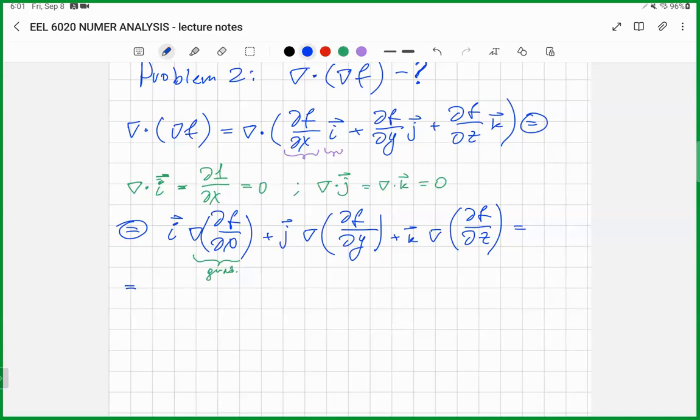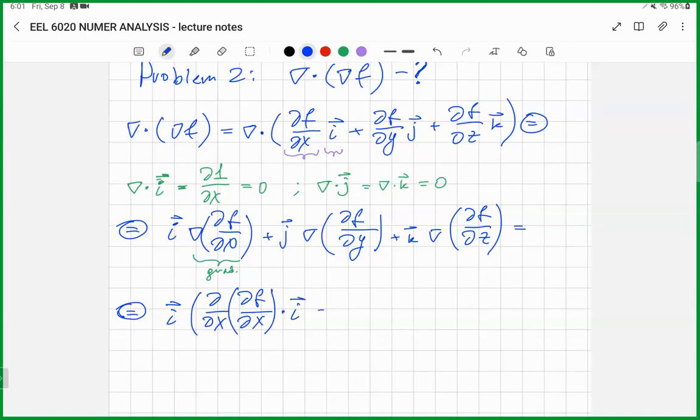For the gradient, we have d over dx of this scalar function df over dx times the unit vector i.